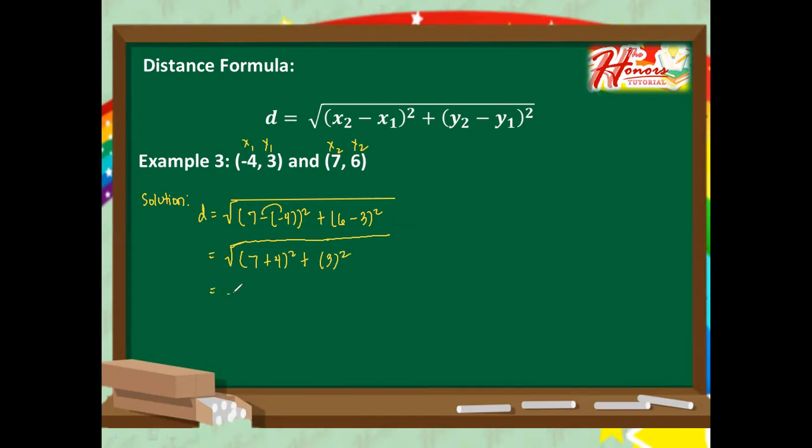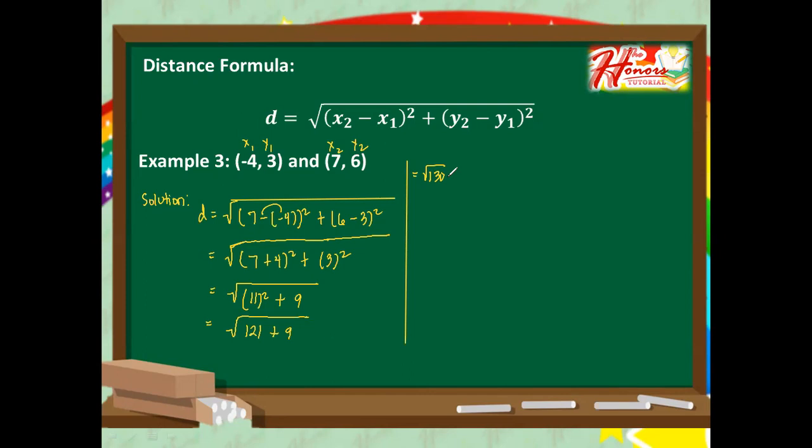So let's continue. So this is 7 plus 4, that's 11 squared, plus 3 raised to 2, that's 9. So 11 squared, that is equal to 121 plus 9. Then let's continue solving. So we have here square root of 130 because 121 plus 9 is equal to 130.